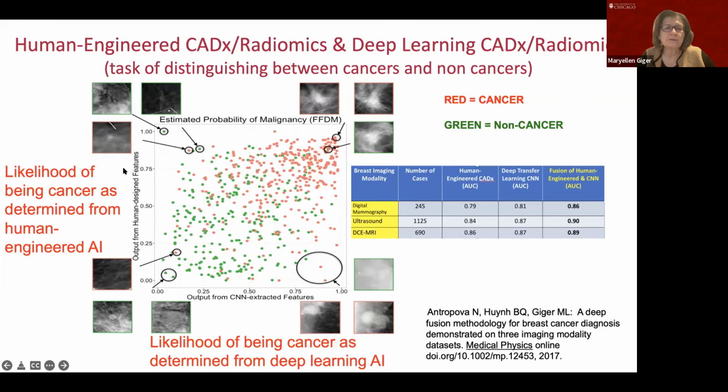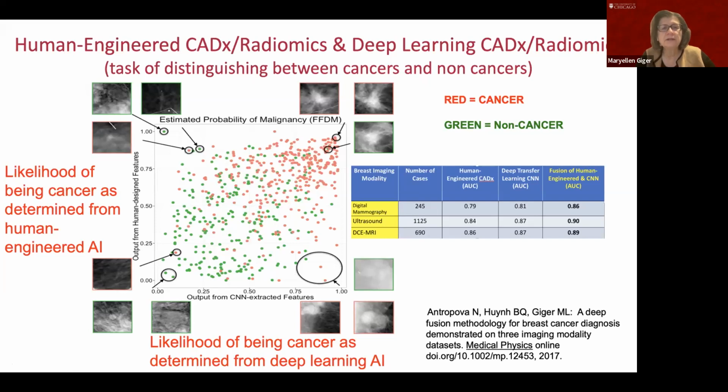And this is giving you the computer output using human engineered features, radiomics, where this is the likelihood of malignancy ranging from 0 to 1. And this is using deep learning, transfer learning, going from 0 to 1. In a perfect world, all the greens would be here and all the reds would be up here, but there is a distribution of the computer output here.